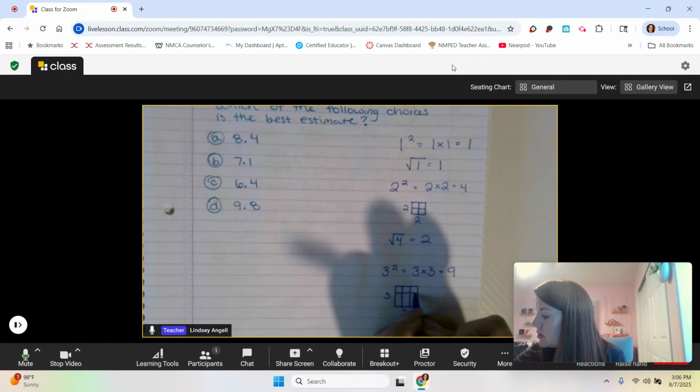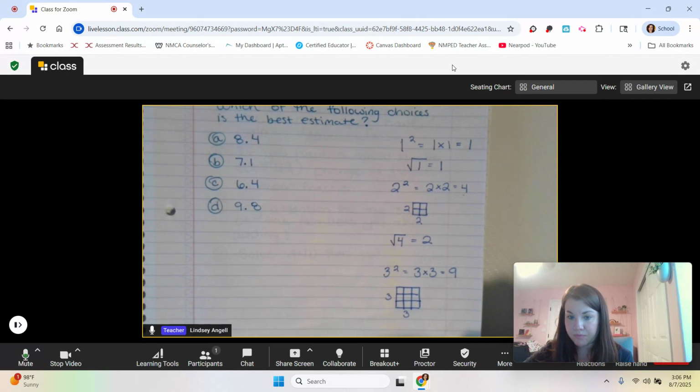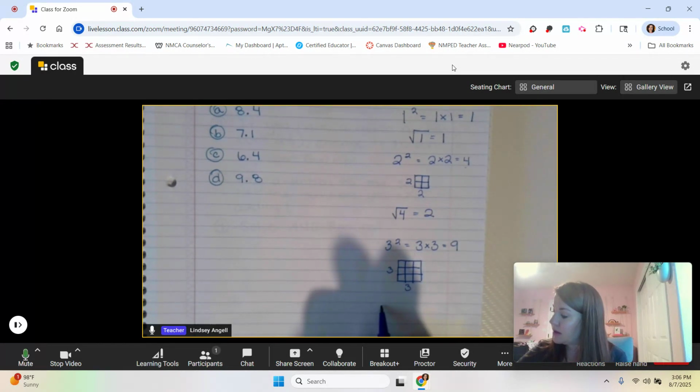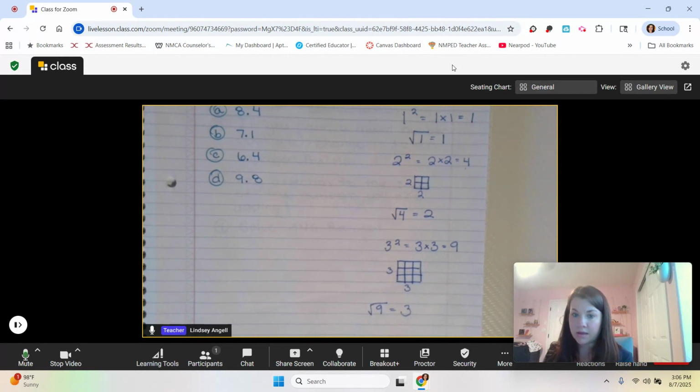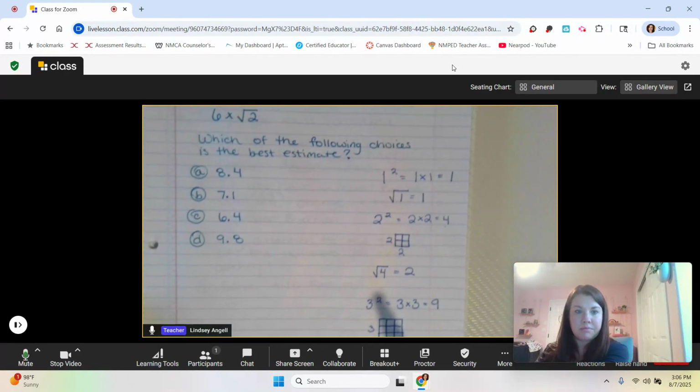Break it up. 3 by 3, that equals 9, right? It's a perfect square. So once again, we can think, all right, well then if I take the square root of 9, right? The square root of 9 is 3 because 3 times 3 equals 9. All right? So hopefully that kind of helps us when we're thinking about this problem here.